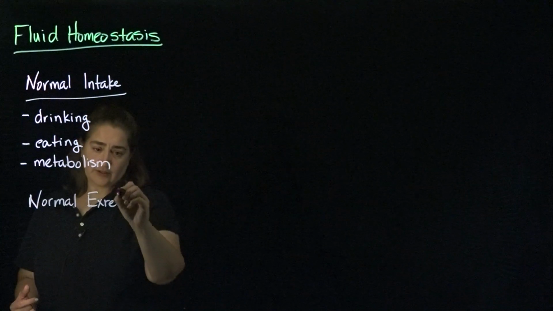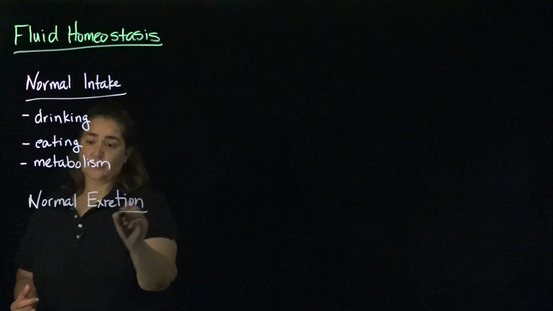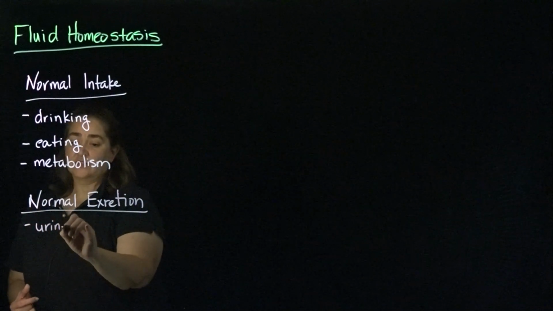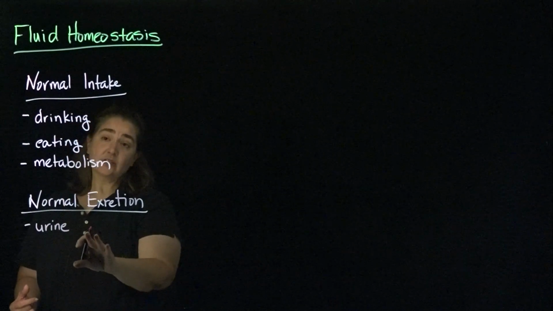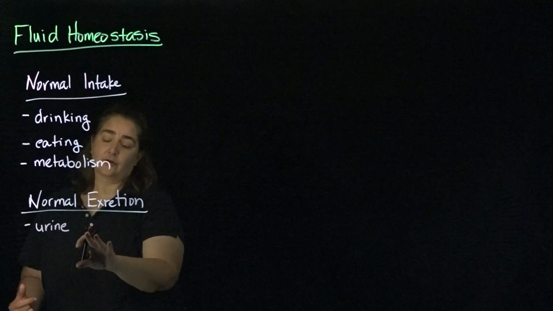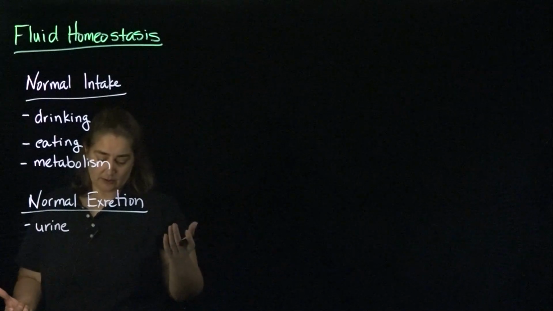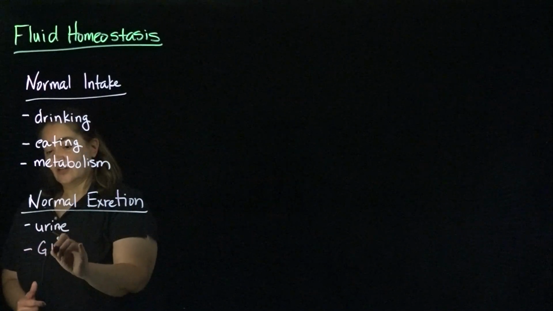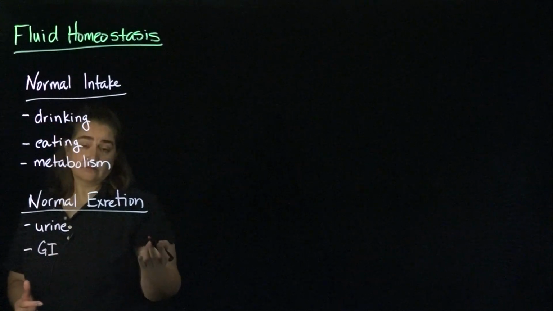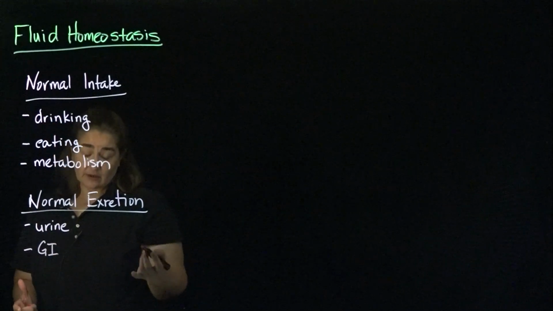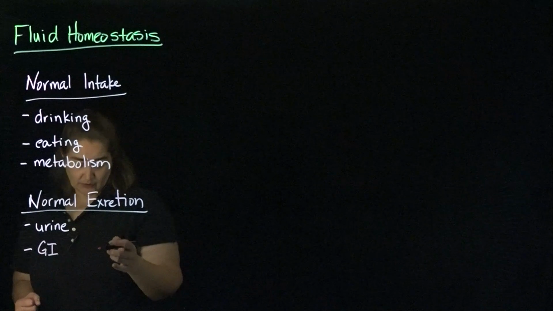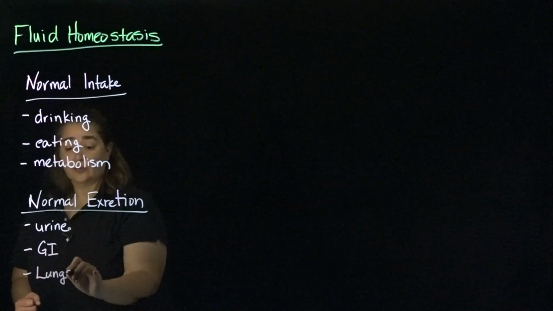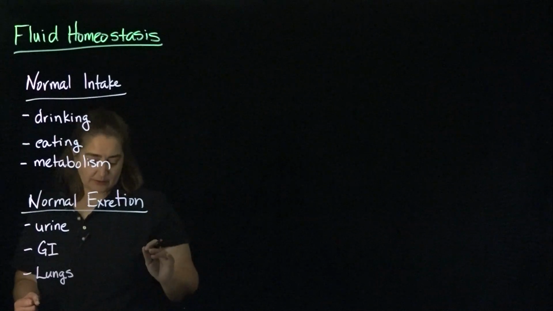And then as far as excretion, because what goes in has to come out, the obvious one and the largest removal of water from the body is going to be via the urine or the urinary tract. The GI tract also will have some water loss associated with it.